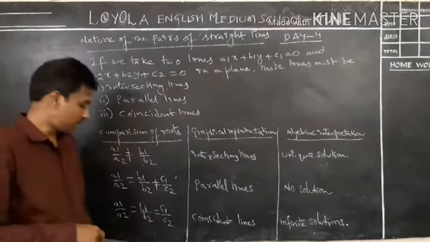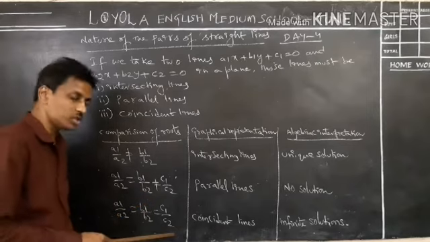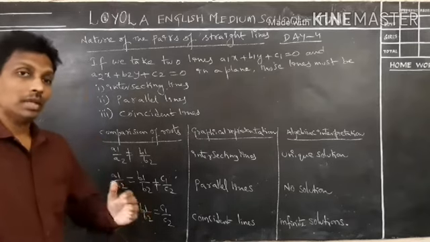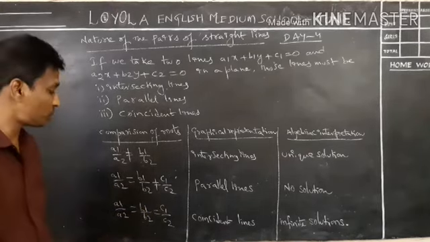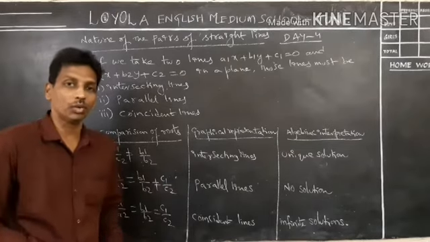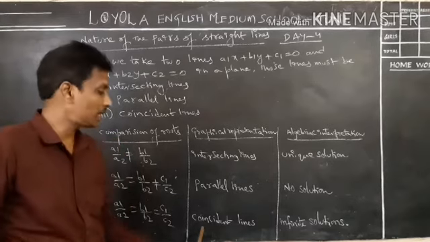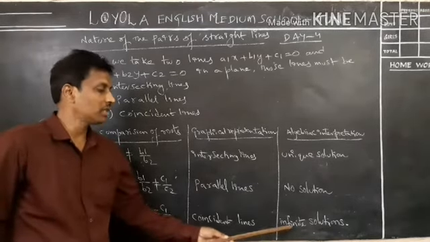Let us see the last condition: a1 by a2 is equal to b1 by b2 is equal to c1 by c2. That means the ratio of x coefficients, the ratio of y coefficients, and the ratio of constants are all equal. We come to know the two lines are coincident lines. What will be the algebraic interpretation?